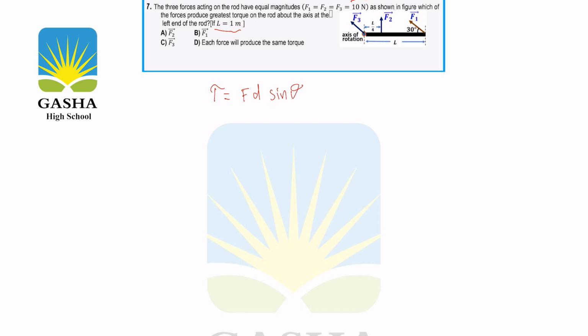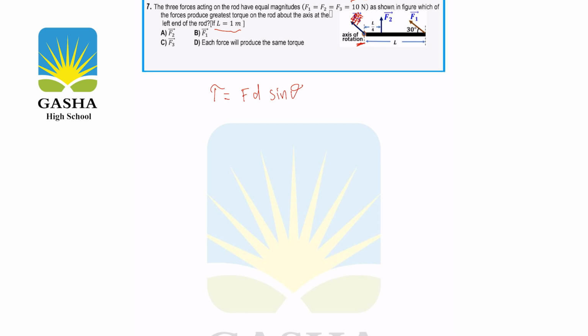But d is different. F1 is L, which is 1 meter away from the axis of rotation, while F2 is L over 4, and F3 acts at the axis of rotation. When any force acts at the axis of rotation, no torque is produced. So F3 is not producing a torque. The correct answer is between F1 and F2.